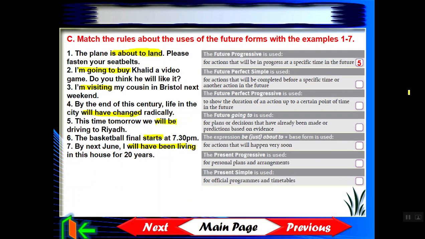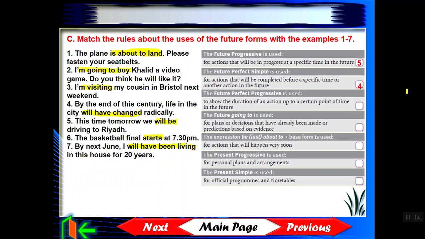Okay, let's go for the second sentence. The future perfect simple. For actions that will be completed before a specific time or another action in the future. So you do something in the future and it will be completed. So at that time, after you complete this, that is the future perfect. Which sentence is this?